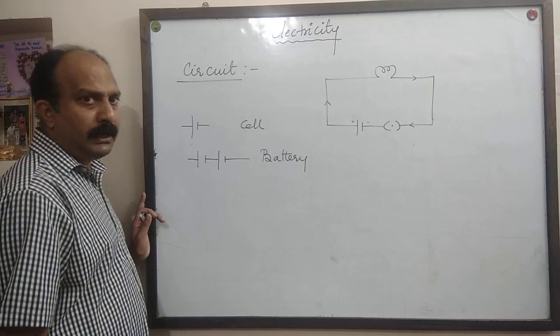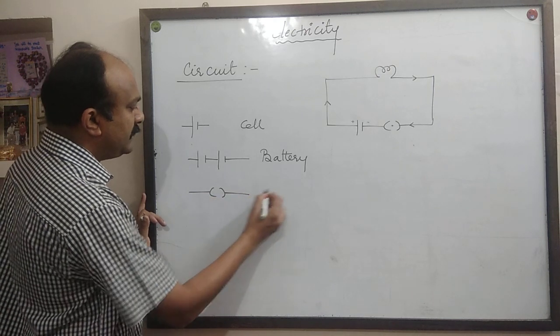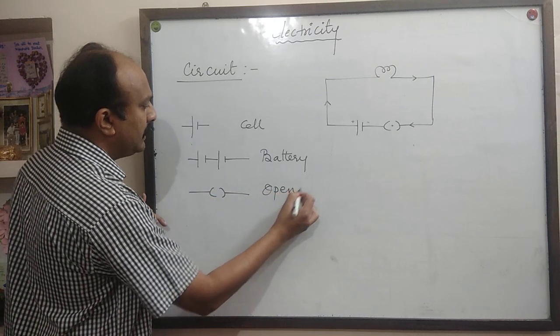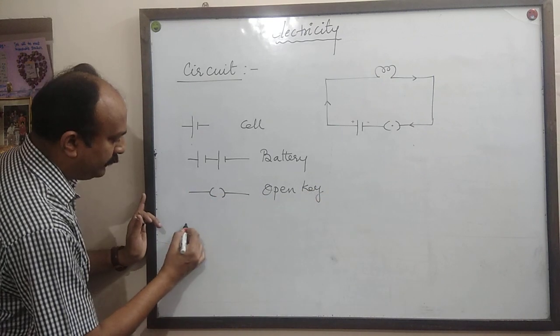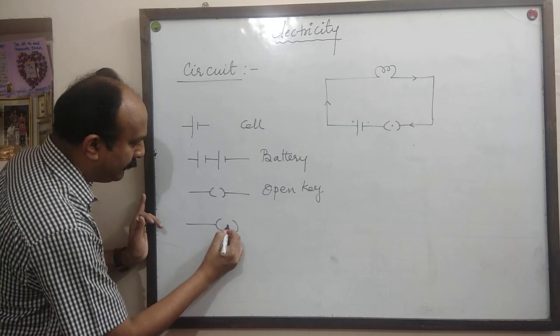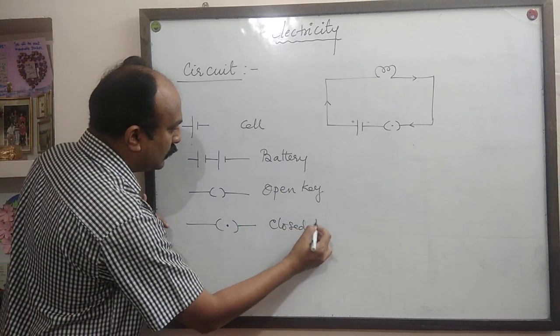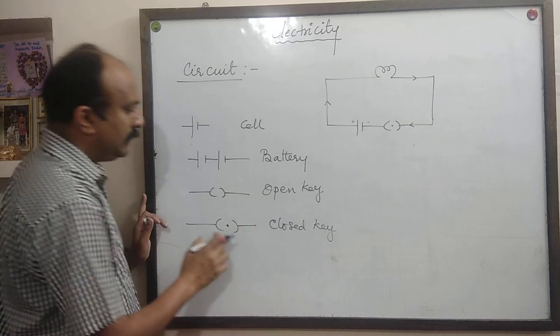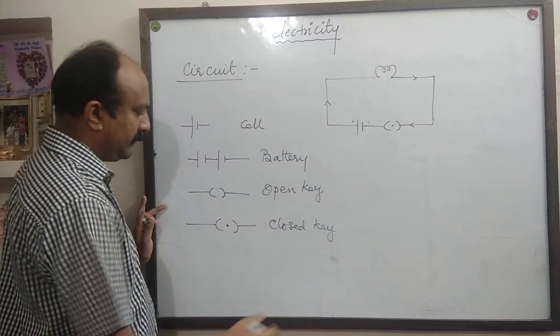Now the other commonly used symbols are, as I told you, this represents open key, or the switch is off. This represents closed key, or now the circuit is closed, electricity will be flowing.